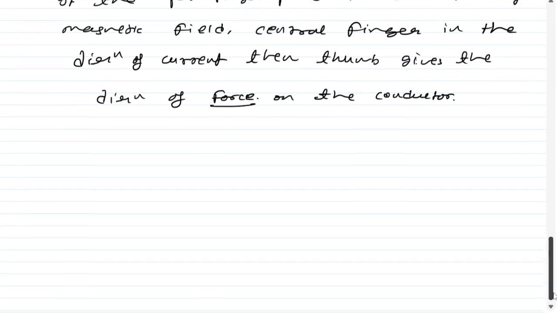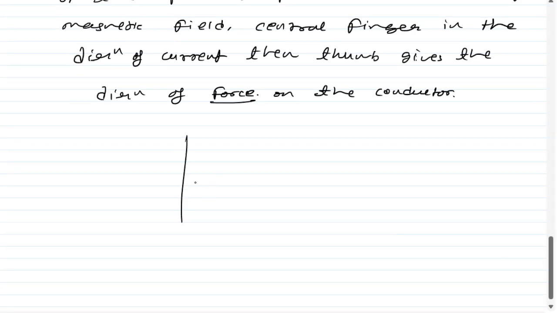Just for understanding, I am taking one example. Let's say the conductor is in this direction carrying current I, and let's say this is the y axis and this is the x axis. This is the direction of magnetic field.